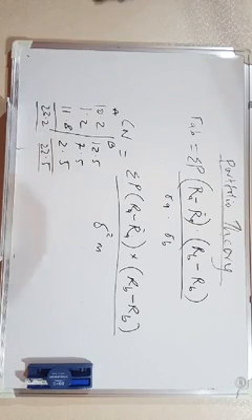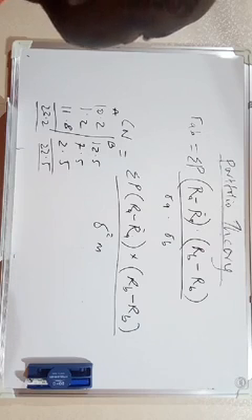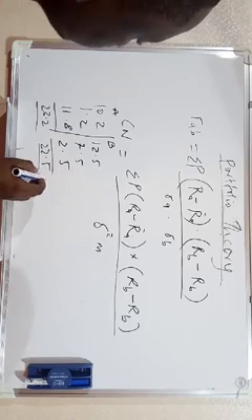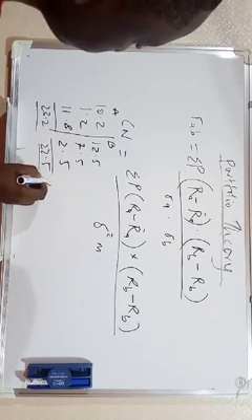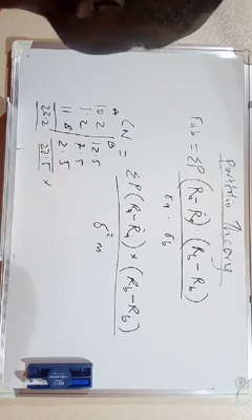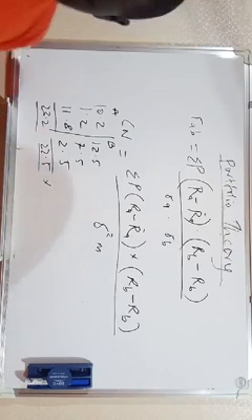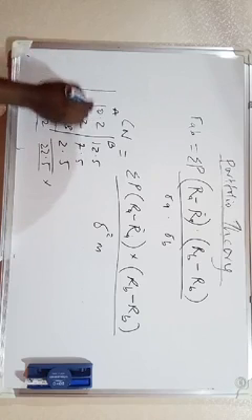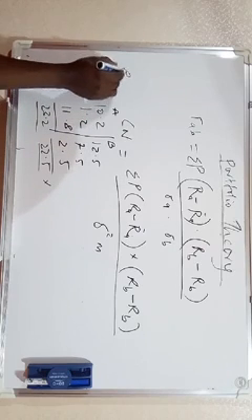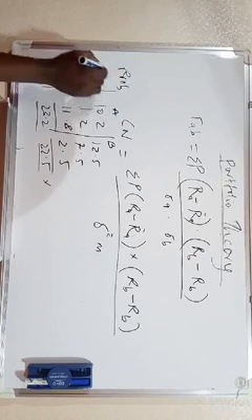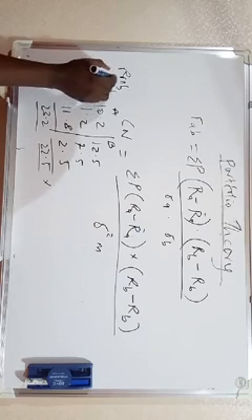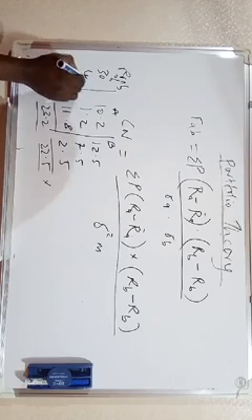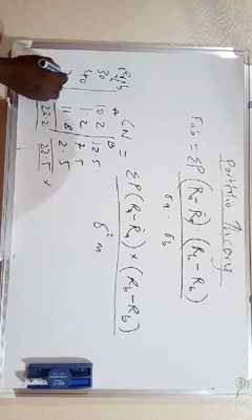So all multiplied by the probability. For this we have probability of 30, we have probability of 40, we have probability of 30.